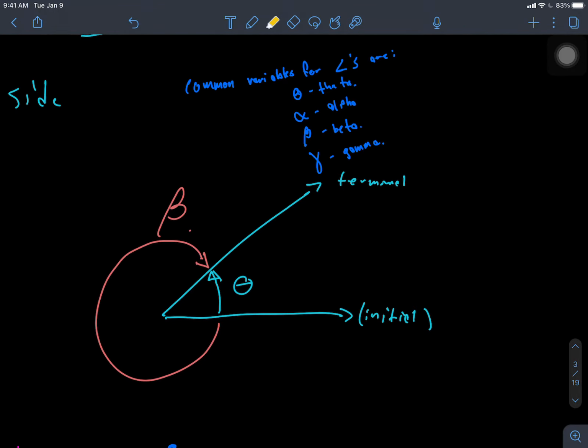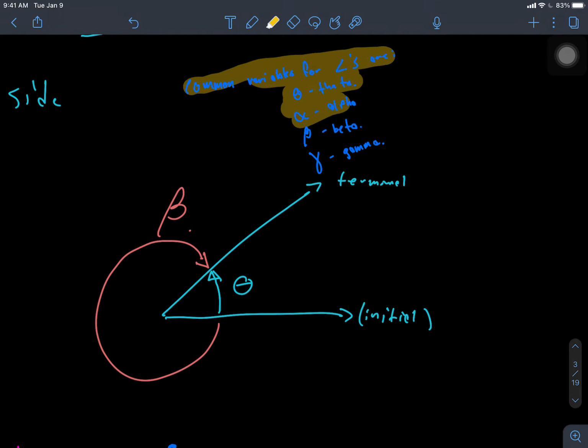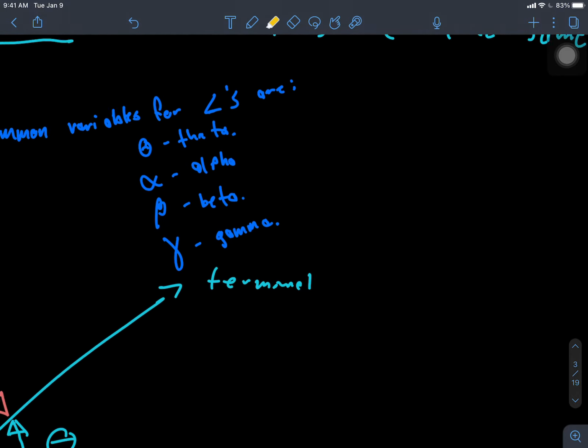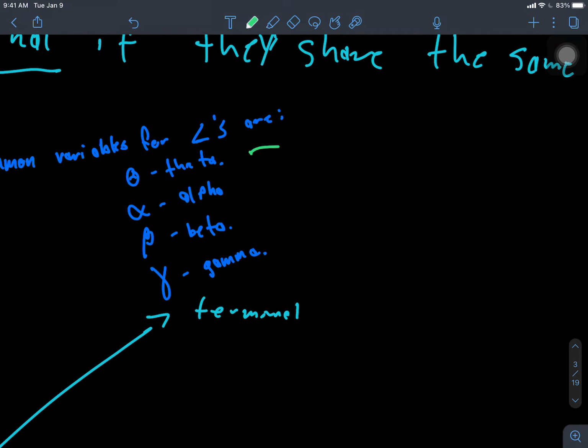And I wrote down some of these common letters that we use to describe angles, so I don't want anybody to get confused by this Greek business. This letter here is the letter theta. It looks like this, or sometimes we draw it with a little squiggly in the middle. That's just a Greek letter, and it's just like a variable.